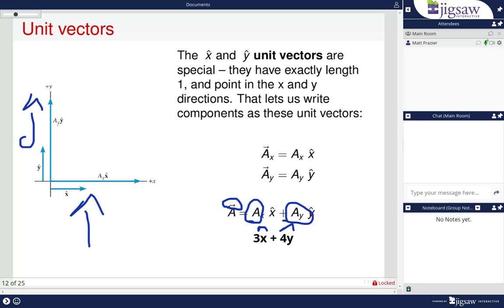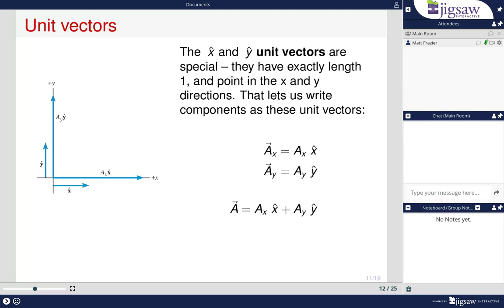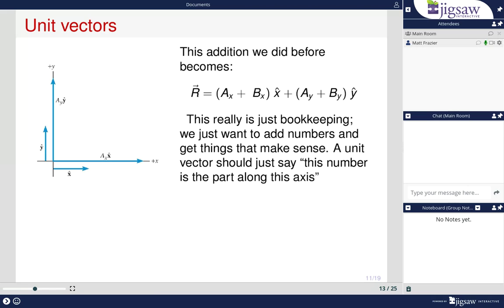And it has to do with other sorts of math that people were doing. So, ultimately, we have these unit vectors, and that's the important bit, is that we can work with the unit vectors. So it's just bookkeeping, because what we want to do is work with the numbers. We want to treat these things like numbers, but we have to do the stuff in the x direction and then separately do the stuff in the y direction. They don't mix.